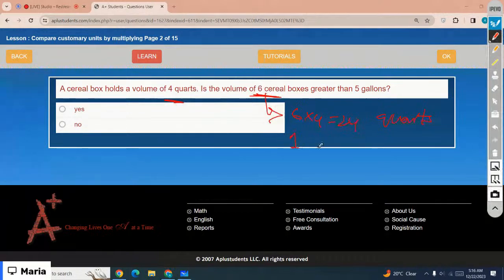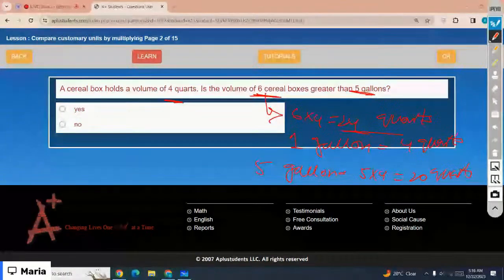And we know that 1 gallon equal 4 quarts. You have to compare this 24 quarts to 5 gallons. So 5 gallons equal 5 times 4, that is 20 quarts. So which is more? Obviously the volume of 6 cereal boxes is more than the 5 gallons, right?